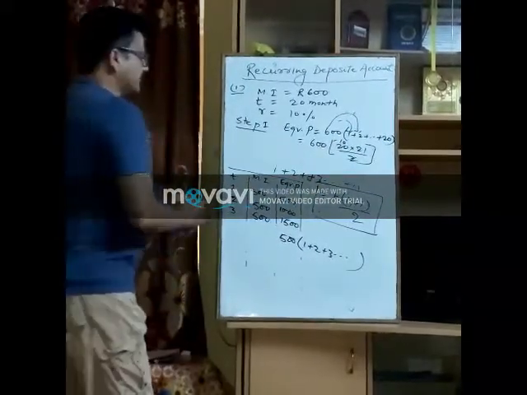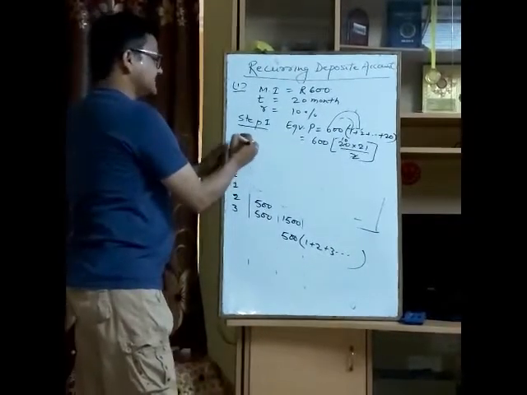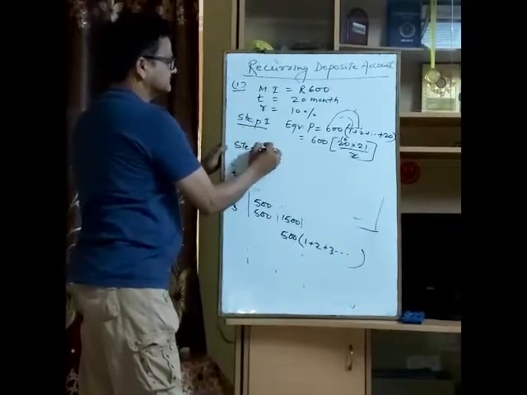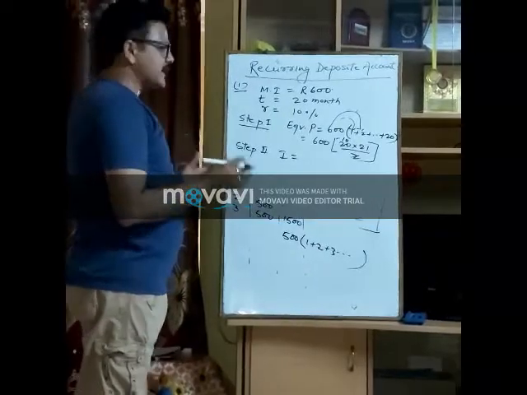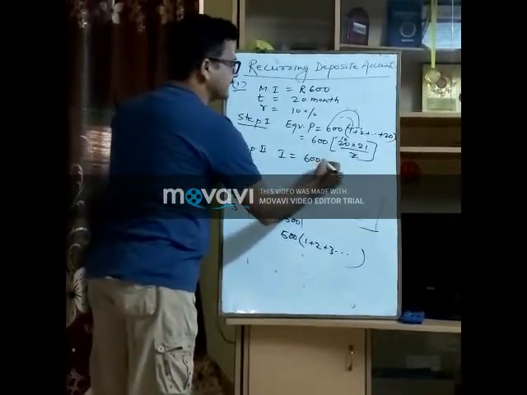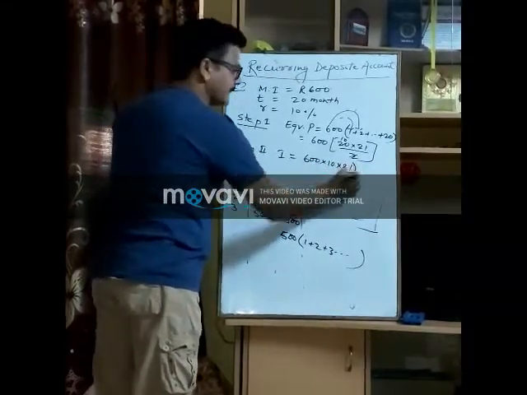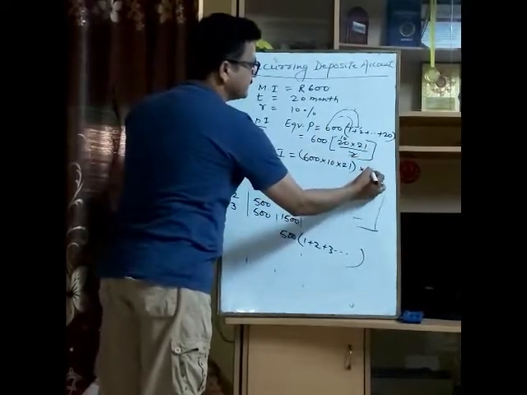Now we will calculate the interest. Step 2. Interest is P into R into T by 100. P part is 600 into 10 into 21. This is P. Rate we have 10%.